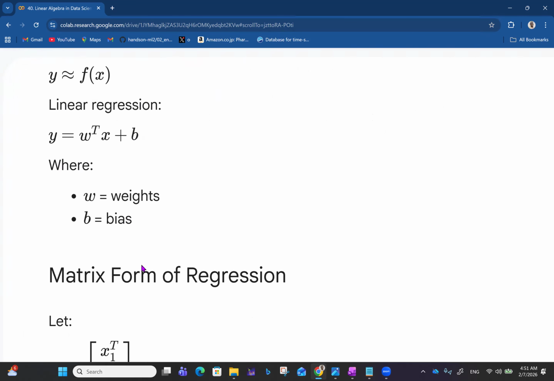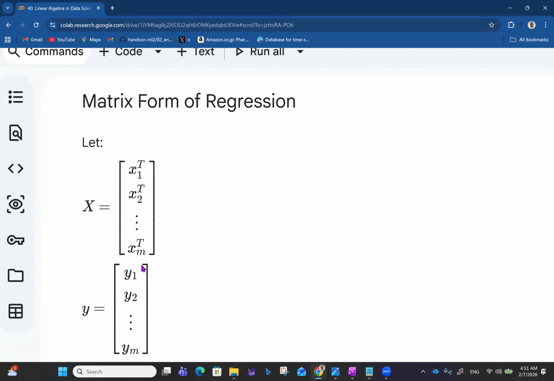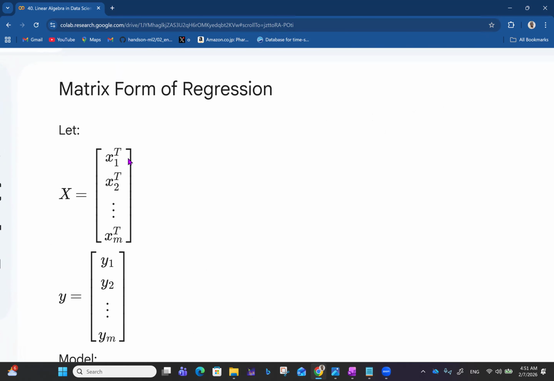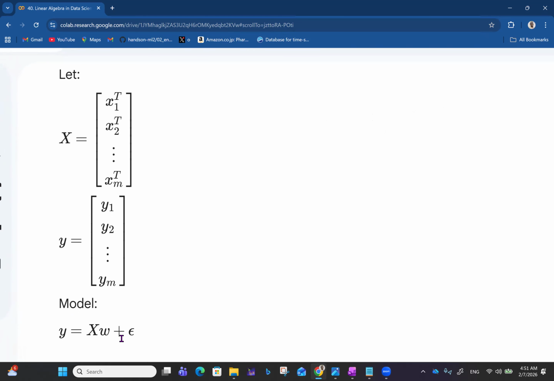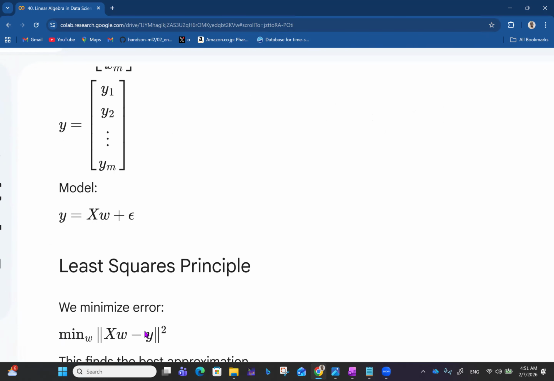From there we can have a matrix form of regression where X is X1 transpose, X2 transpose all the way down, and Y is Y1, Y2 all the way down, and then your model is Y equals XW plus epsilon, epsilon being the error.